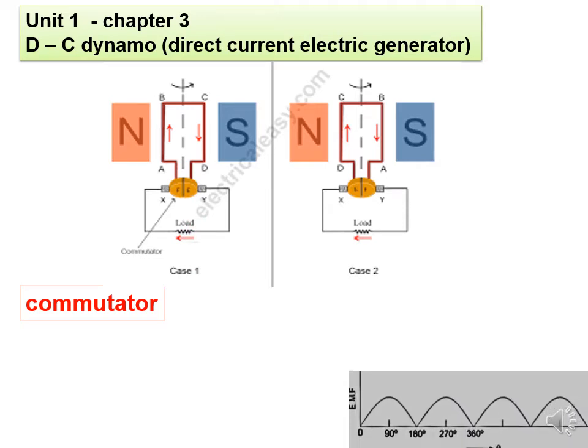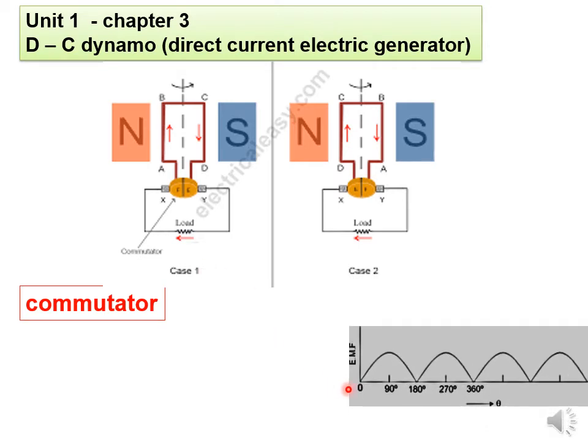The current produced, as we see here, is in the same direction, but its intensity is changing from 0 to maximum each 1/4 cycle, and then from maximum to 0 in the second 1/4 cycle, and the current has the same direction in the two half cycles.